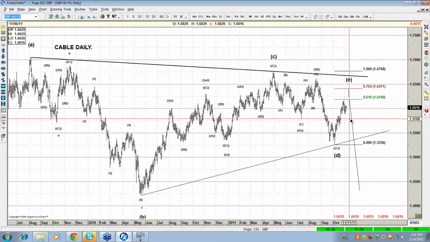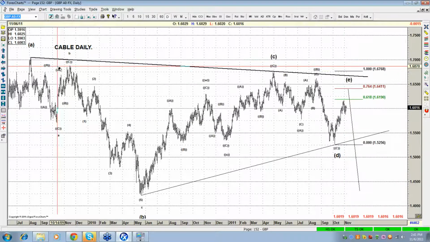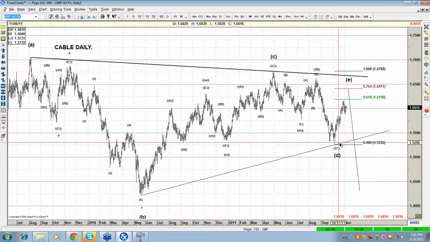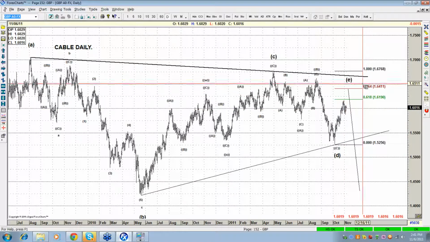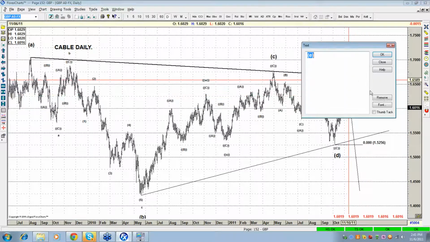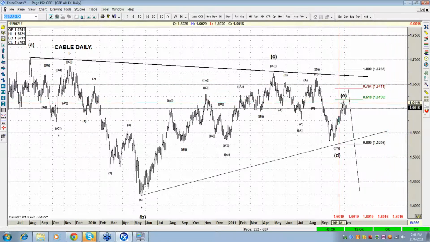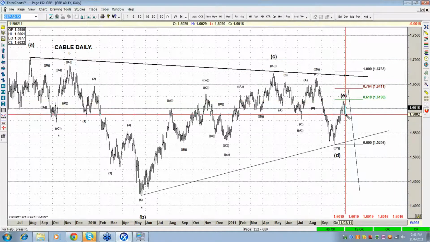Now, like I say on the weekly video, if this was the end of the E-Wave right here in cable, you should see an impulse drop from here to here.